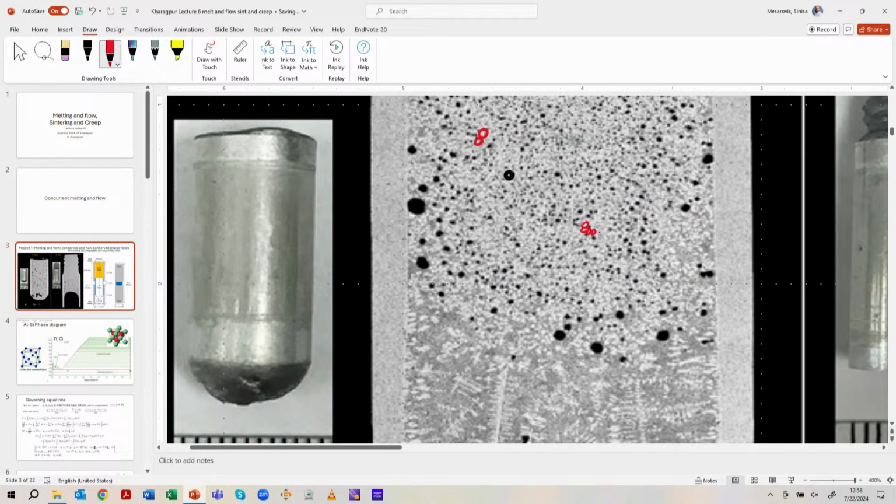You see. And in between those, see here, 1, 2, 3, and in between this is near eutectic liquid which has solidified, and this avoids gas.